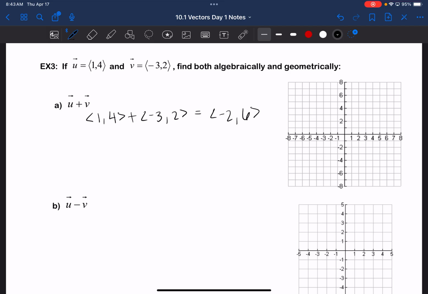And then for our vectors, if we did it geometrically, we'd be doing what we did on the front page. You know where you're going to start, (0, 0), and where you should end up, (-2, 6). But if I was just doing it geometrically, I would start at (0, 0) and do vector u, which is (1, 4).